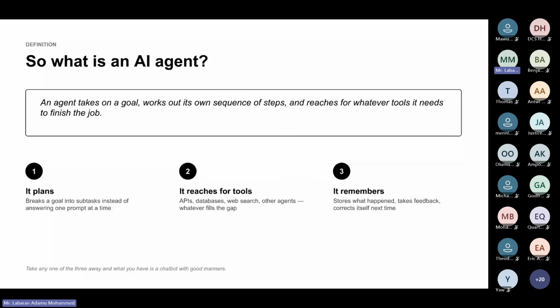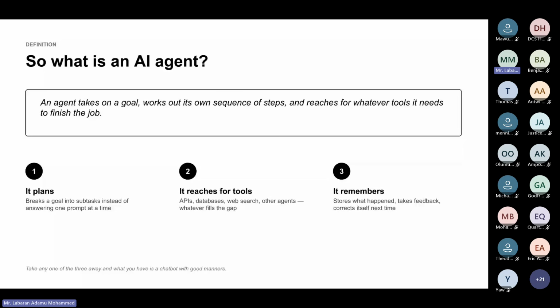Tomorrow, let's say you were able to raise some funds, so you want to update your website. Since the AI agent did it yesterday, it remembers. It stores what it did and the errors it had, so that when it's adding the funding information, it doesn't have to go through the long planning phase.